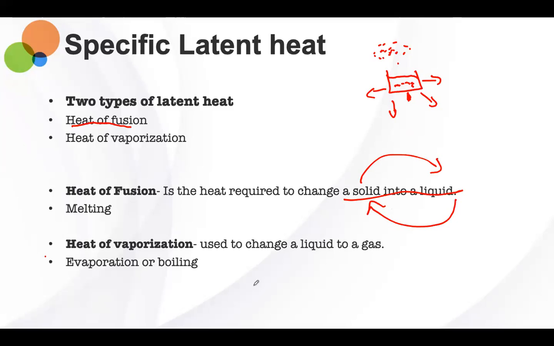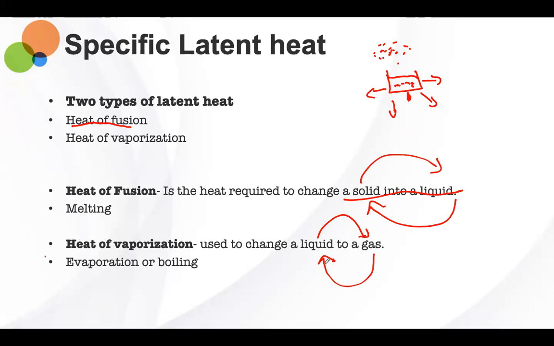It's the same heat. And the latent heat of vaporization is used to change from a liquid to a gas and from a gas to a liquid, right? So the same heat. And the latent heat is the amount of energy that is pulled from the system or to the system in order for a phase change to occur.